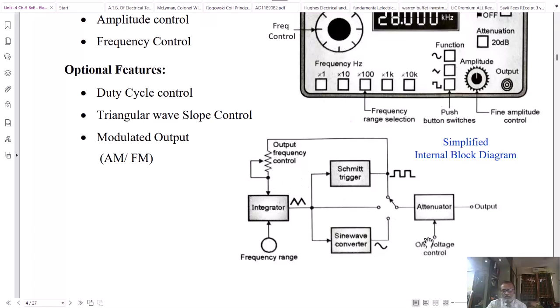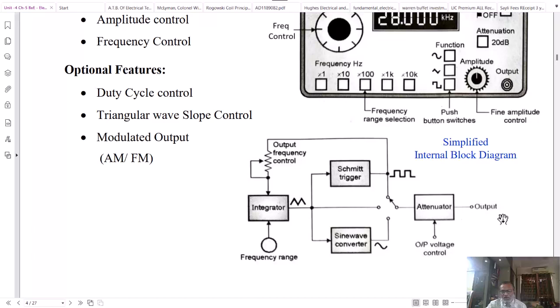Simultaneously, the amplitude of the output can be changed by changing the integrator charging parameters by using the frequency control, the charging current control circuitry.